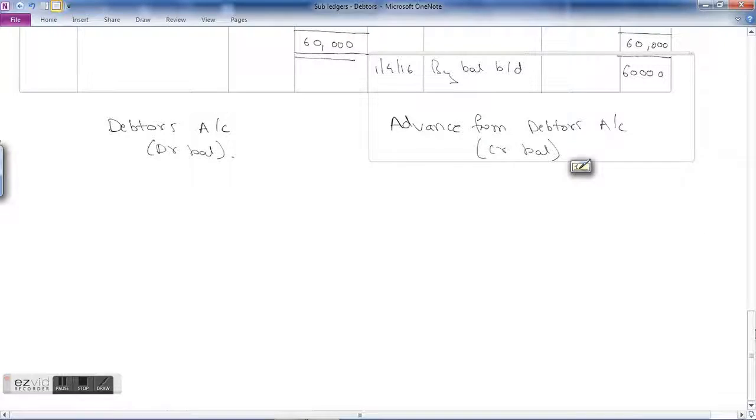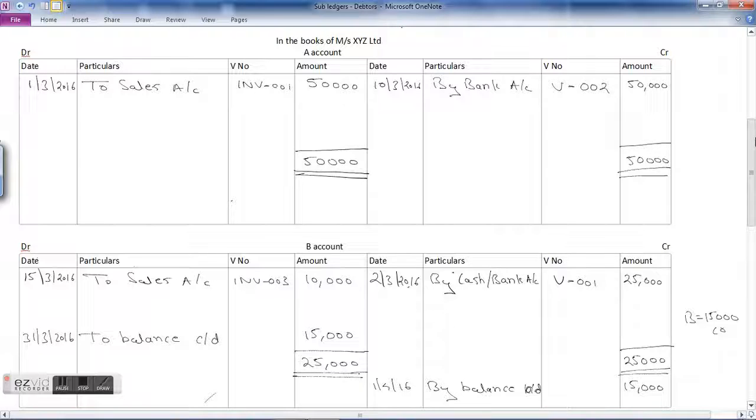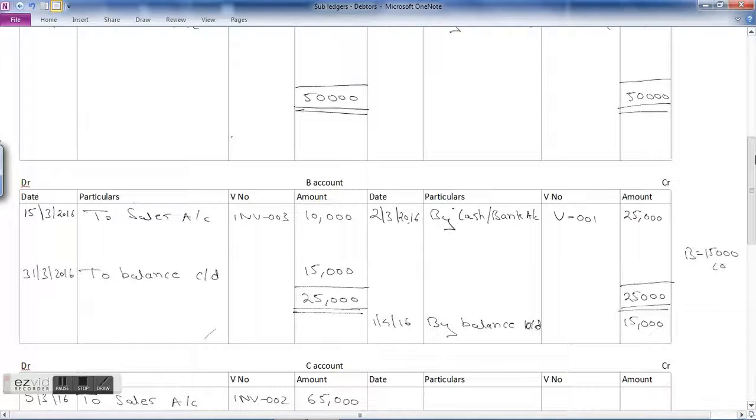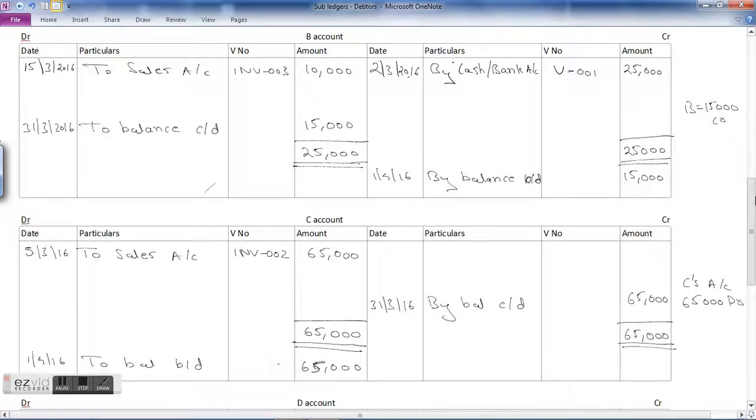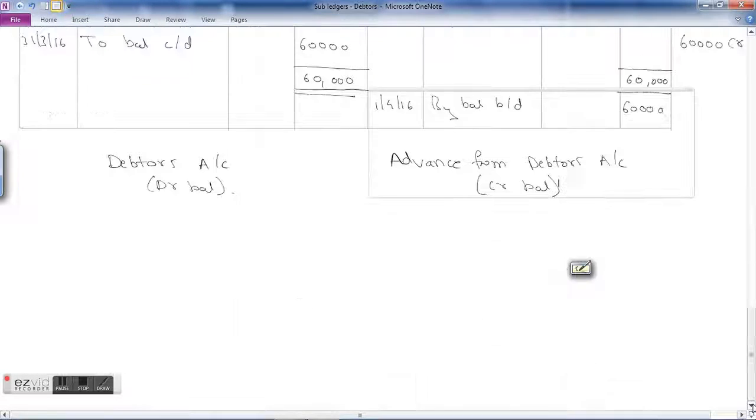Okay, so let's see. Balance in A's account is nil, so B's account is showing a 15,000 credit balance. So in advance from debtors account, 15,000.